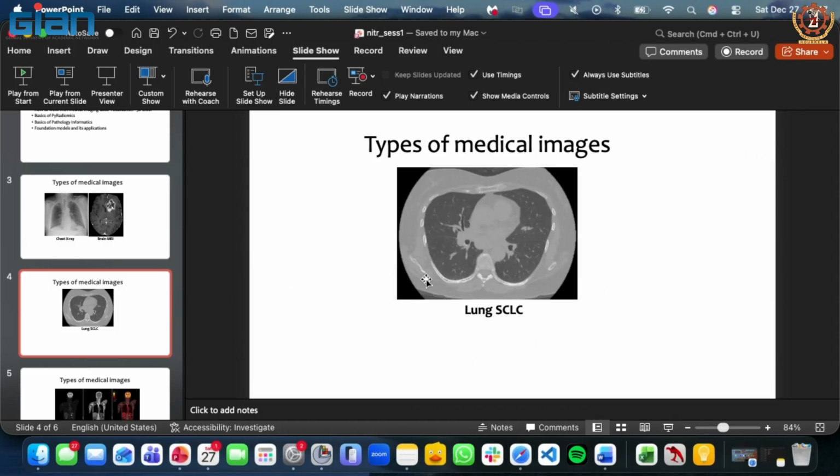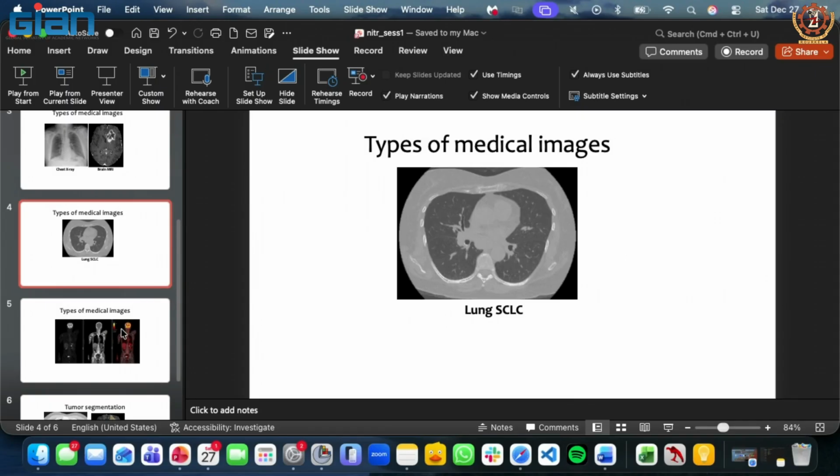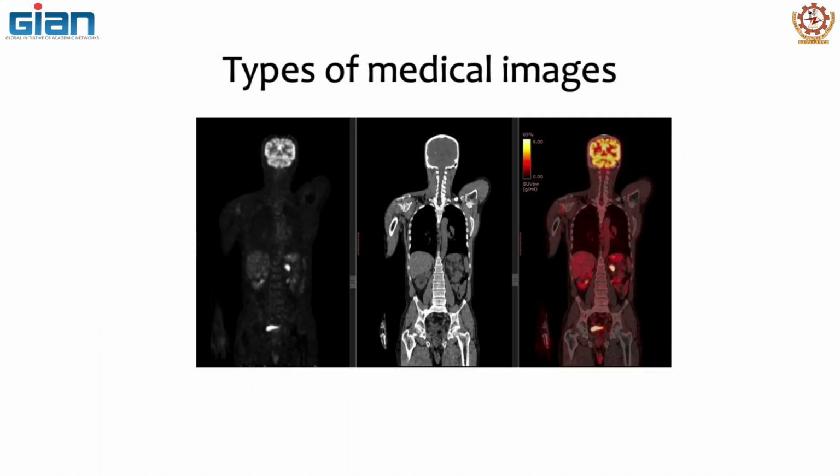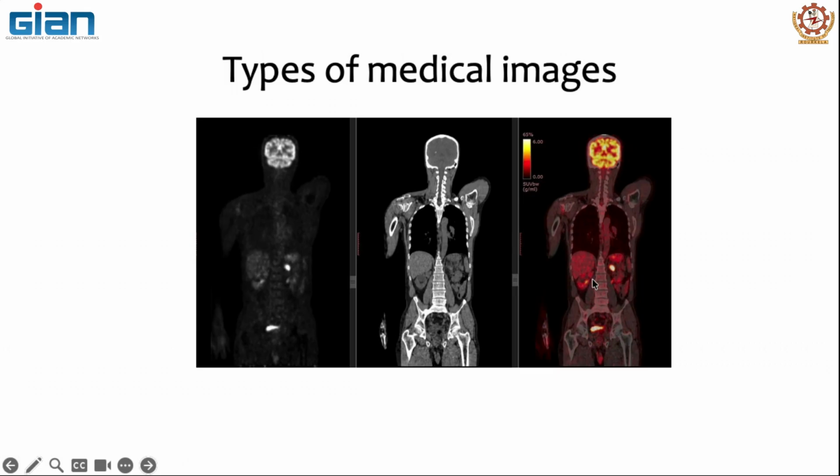This is a lung image of a patient with small cell lung cancer. And this is what I was talking about. This is a PET imaging. The left side is the PET, and the middle one is the CT. And this is the PET CT registered, where you can see the glucose decomposition happening.